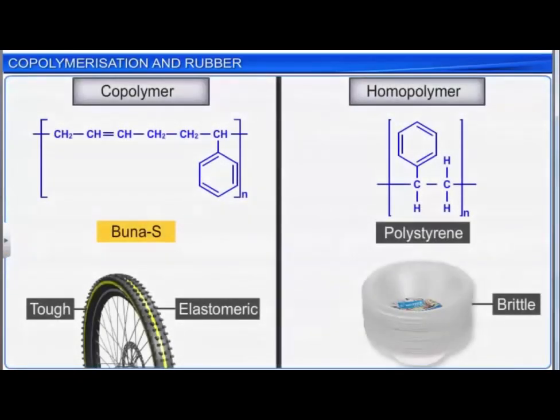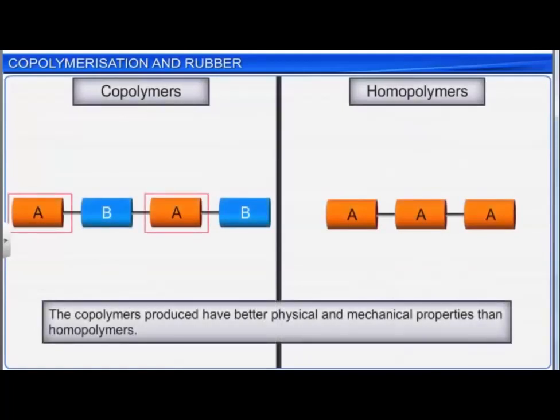BUNA-S, a butadiene-styrene copolymer, is elastomeric and tough, as in this bicycle tire. In contrast, polystyrene, a homopolymer, is brittle. As a mixture of two or more different monomers undergoes copolymerization, the copolymers produced have better physical and mechanical properties than homopolymers.